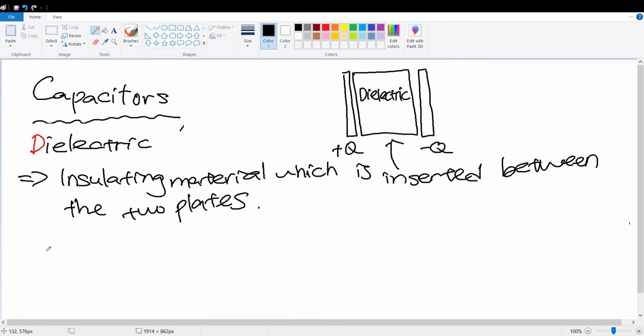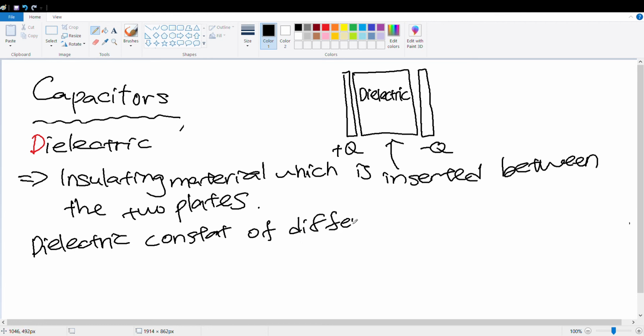Okay, so the formula for our dielectric constant of different types of materials, we denote as epsilon r.